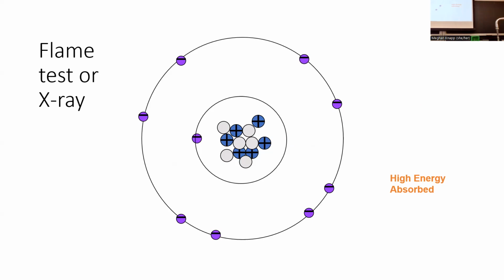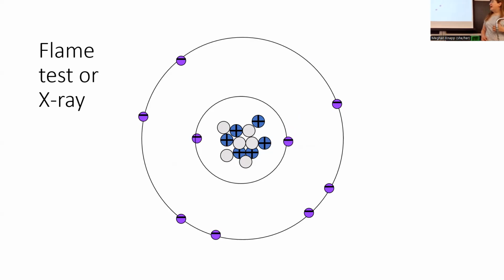But then what happens? That electron's not close enough to fall back down, but there's a hole under it, right? If you play Jenga and you pull blocks out of the bottom, eventually there's not enough support and the blocks on top want to fall back down. So these outside electrons are going to fall back into that place.